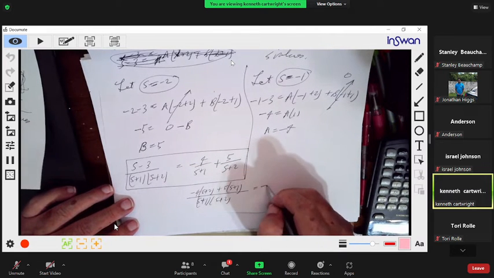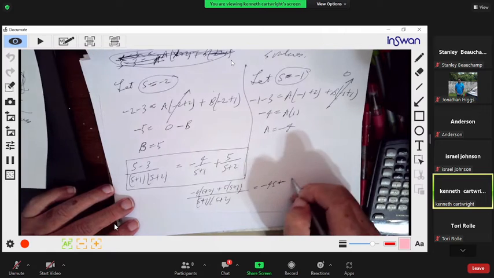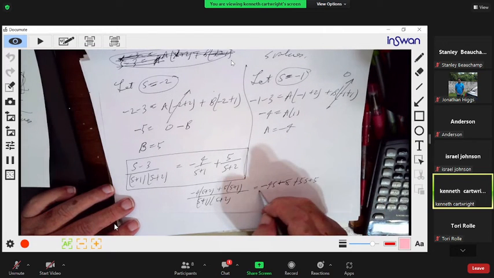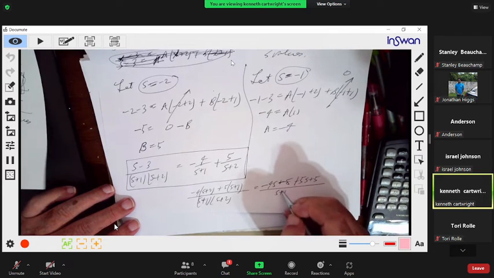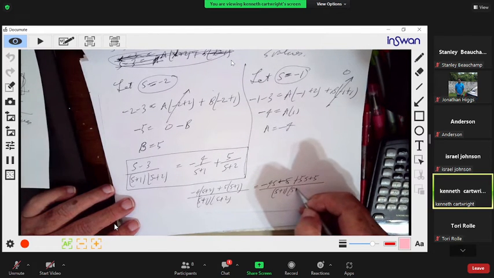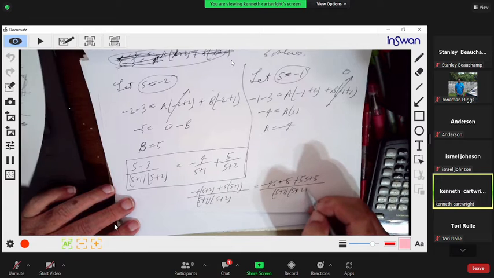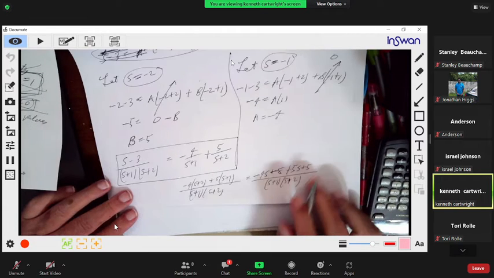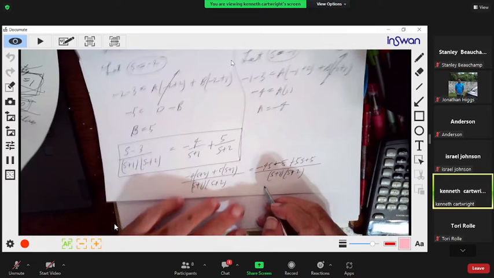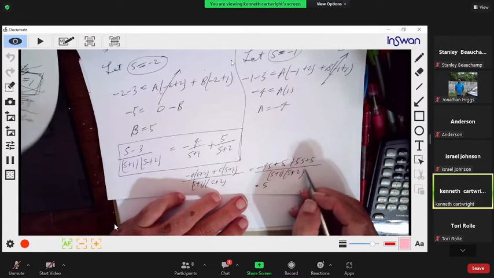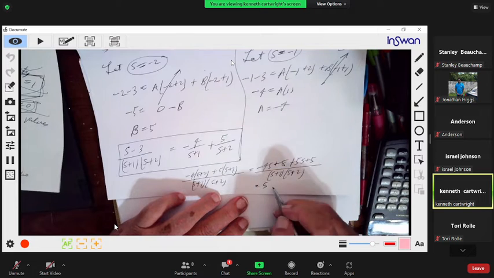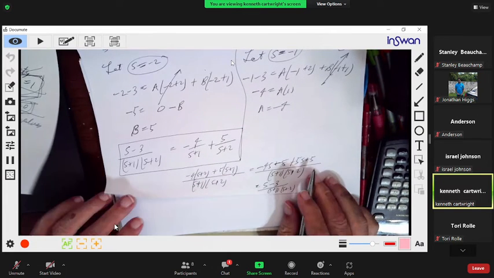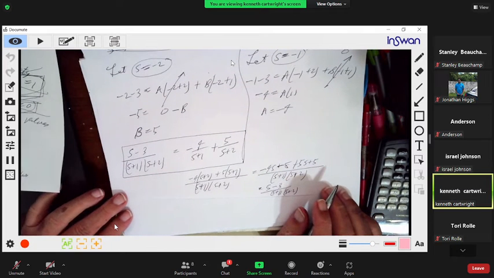So that's negative 4s, negative 8, plus 5s plus 5, over s plus 1 times s plus 2. So that is s minus 3 over s plus 1 times s plus 2. So that's correct. That checks.